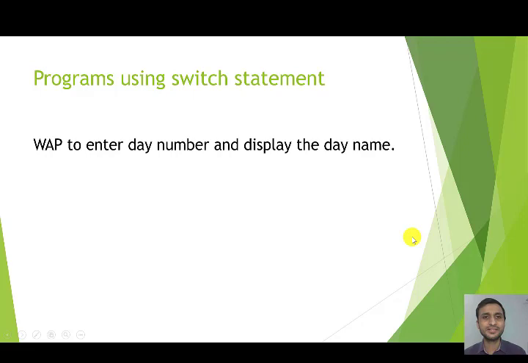So the program is: write a program to enter a day number and display the day name. If you remember, you have already done this program using if. When I was teaching simple if, we already did this program, that is to enter the day number and display the day name. I will show you the program again which we had written in if. We will convert this if program into switch.